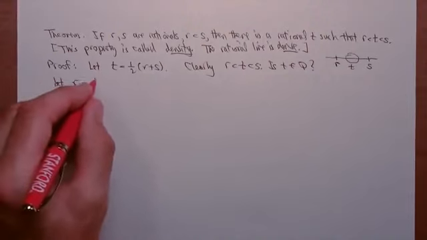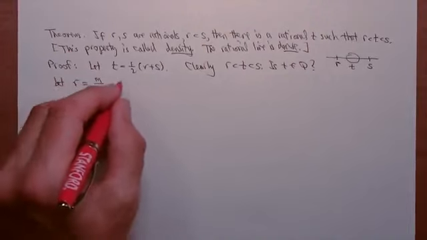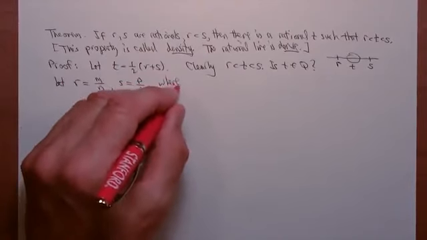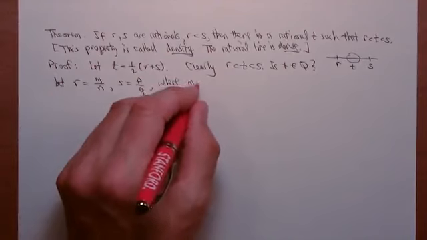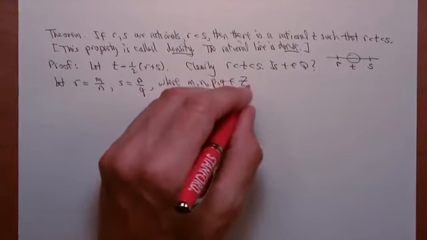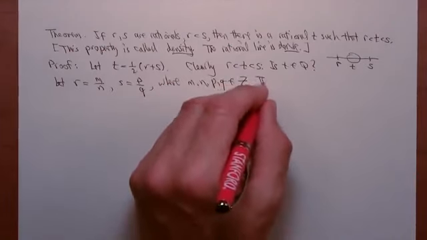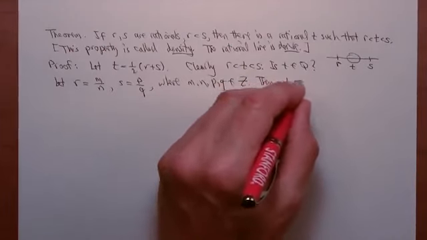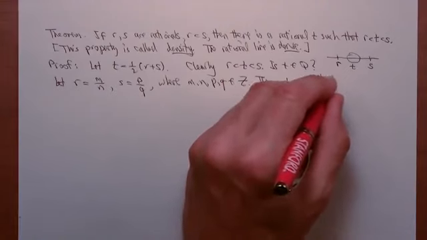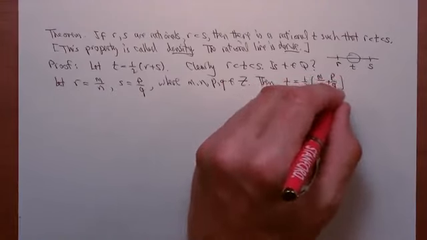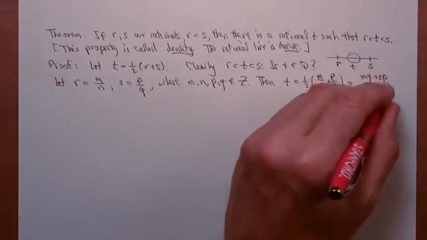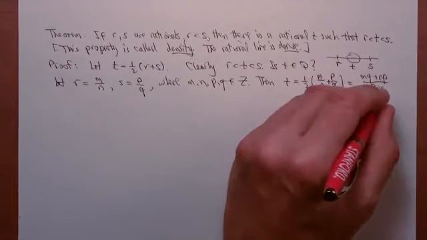Let r be equal to m over n, s equal to p over q, where m, n, p and q are integers. Then t is equal to a half of m over n plus p over q, which equals (mq plus np) over 2nq.